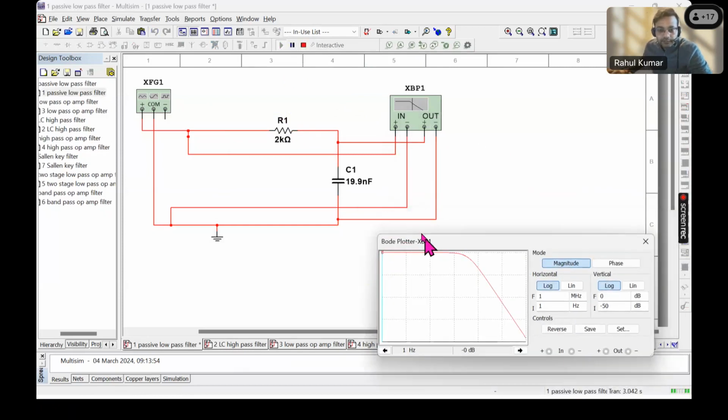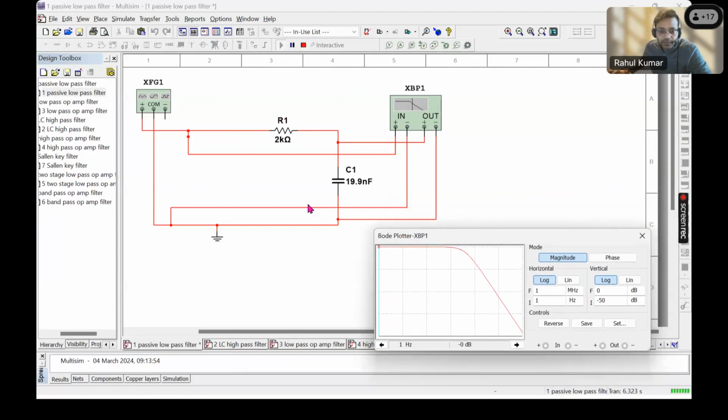Now, so this is about your low pass filter. To get a high pass filter, we can just swap the position of resistance and capacitance.